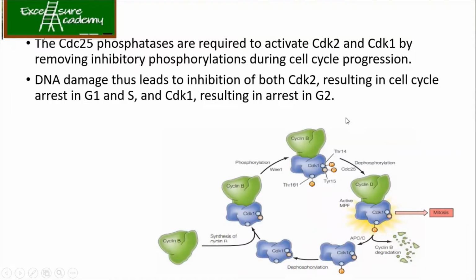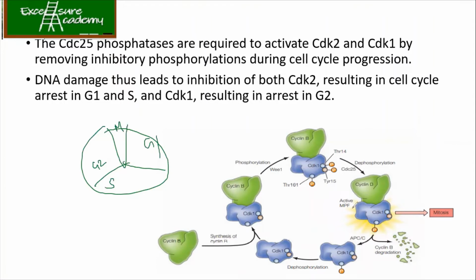Now, as you know, this is the maturation promoting factor. Where is it going? If this is active, then the cell enters the mitosis. What does that mean? Which phase is before mitosis? G2 phase. Agree? We draw it like this, right? This is mitosis, G1, S and G2.